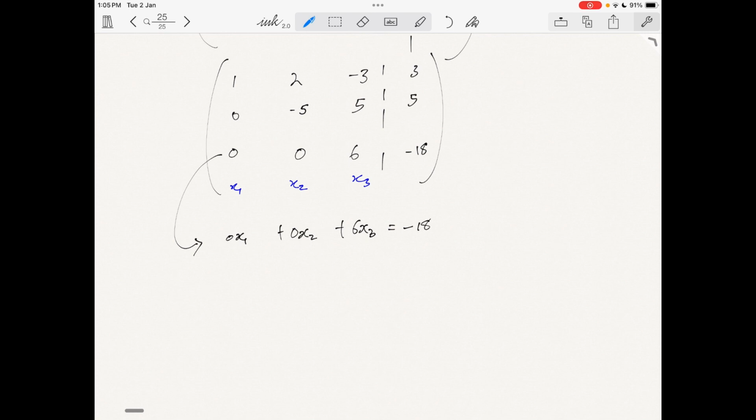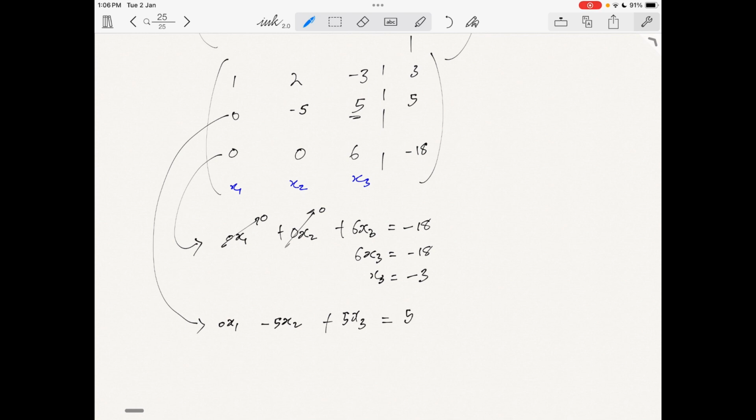So we have 6x3 to be equals to minus 18, and we'll have x3 to be equals to minus 3. If we go also from row 2, we have 0x1 minus 5x2, I'm multiplying it with x2 there, plus 5x3 is equal to 5.